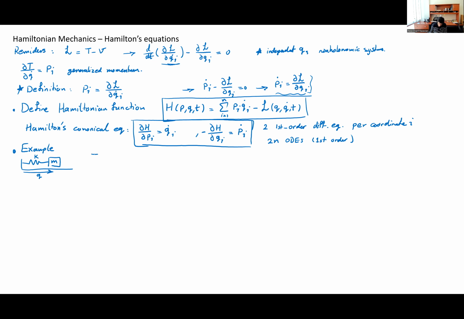So T, the kinetic energy, is simple: 1/2 m q dot squared. And the potential energy is 1/2 k q squared. So now that I know these, I can write my Lagrangian as 1/2 m q dot squared minus 1/2 k q squared. This is the Lagrangian.